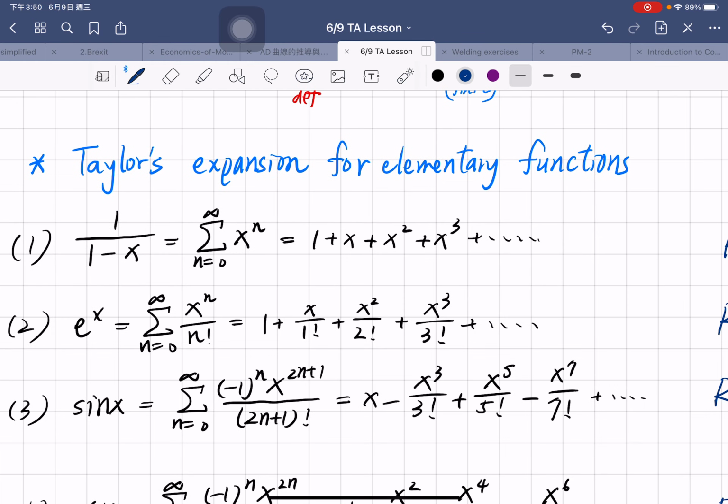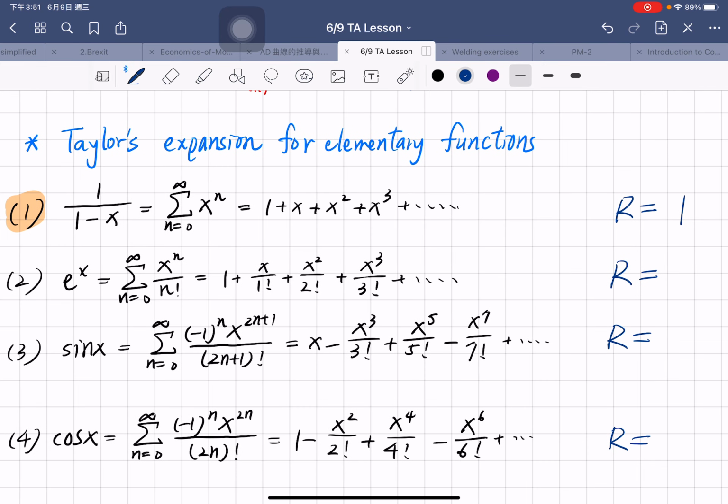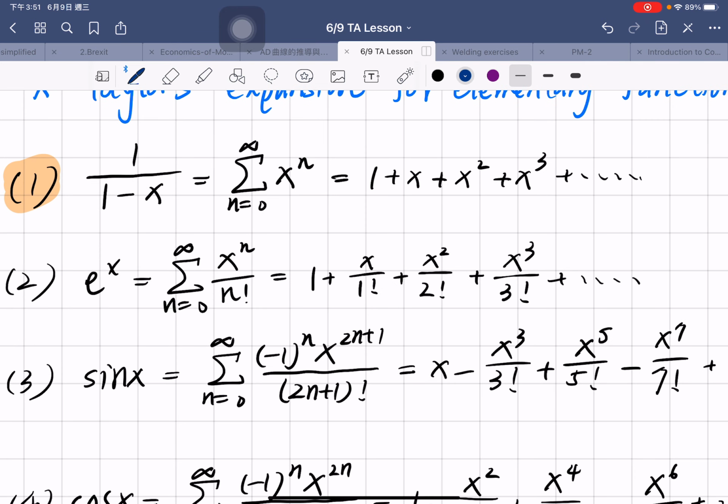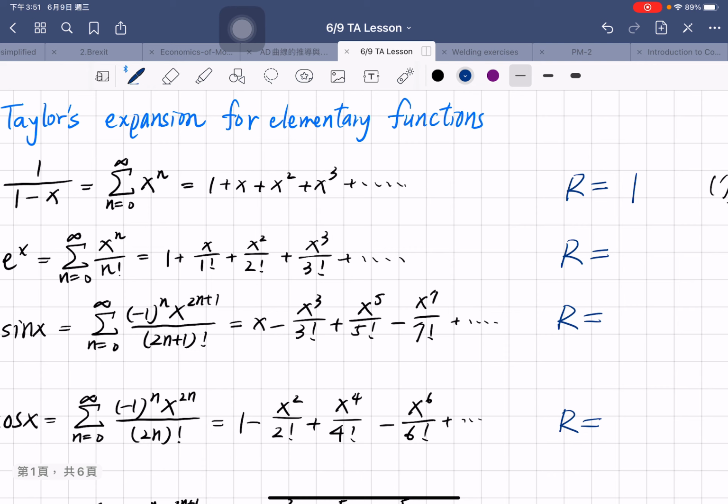This is one you should keep in mind, as it will be commonly used in this section. The second is e to the x power. It equals the sum over n from 0 to infinity of x to the n power divided by n factorial. Its radius of convergence is infinity.